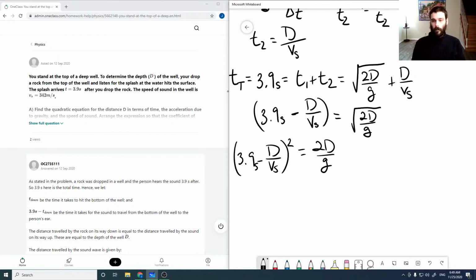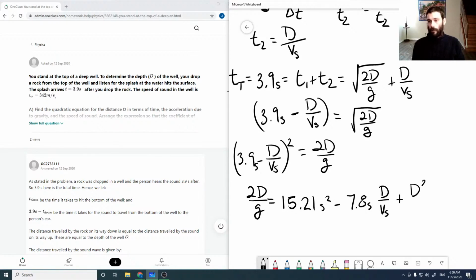Or 2d over g is equal to 15.21 seconds squared minus 7.8 seconds d over Vs plus d squared over Vs squared.